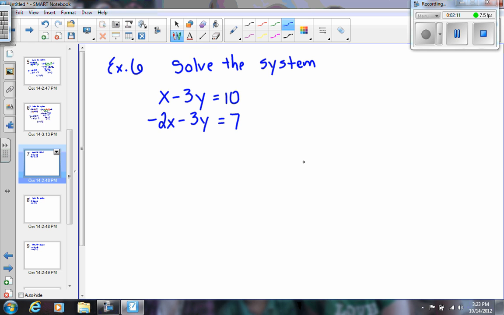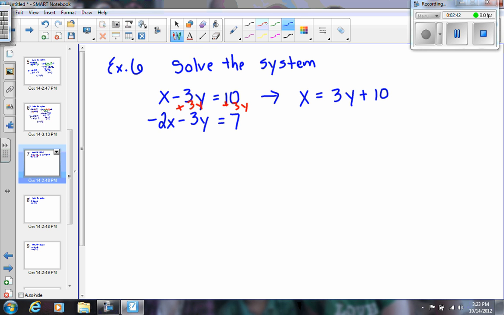All right, notice on this one, little different, neither one is solved for a variable. Now I'm going to take a look though at this first equation and look how easy it would be to get the x by itself. If I add 3y to both sides, I would get x equals 3y plus 10, or you could say 10 plus 3y, it wouldn't matter.